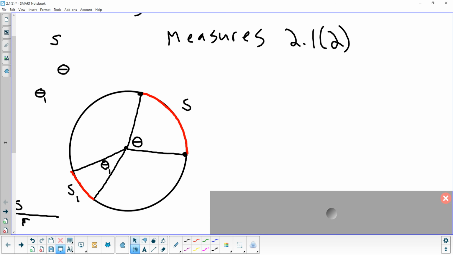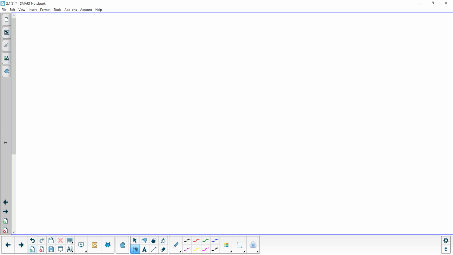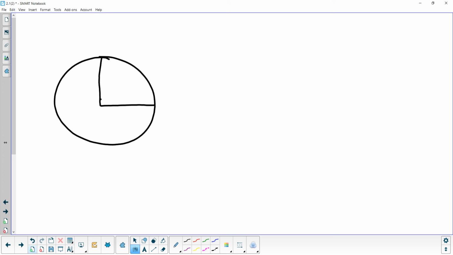Okay. So I'm going to set up a formula to figure out how big an arc is on a circle. But there's a connection between the size you make this angle and the size you make this arc. Let me make a circle. And let me make an angle like this. Okay, so there's an angle.